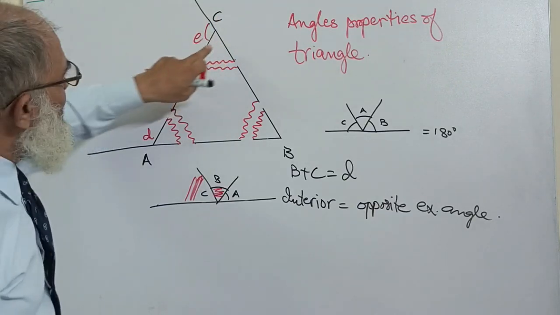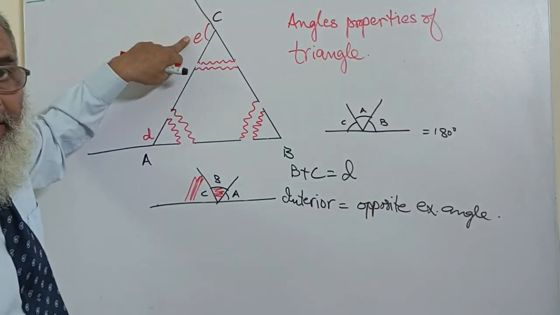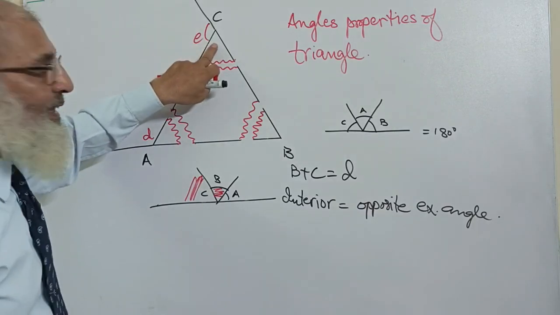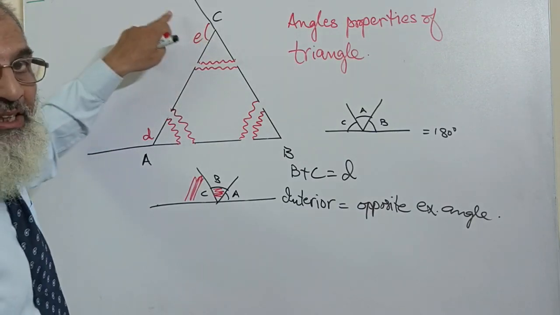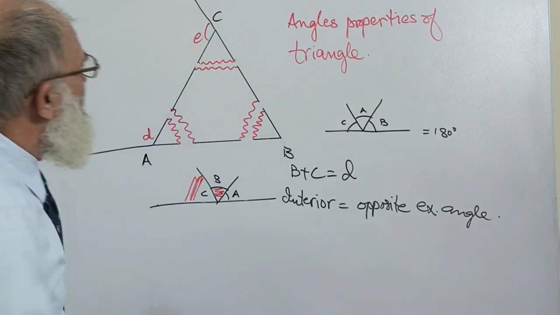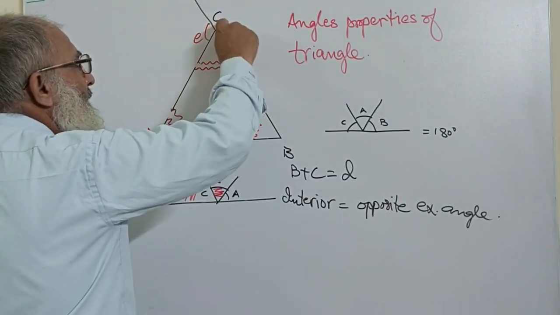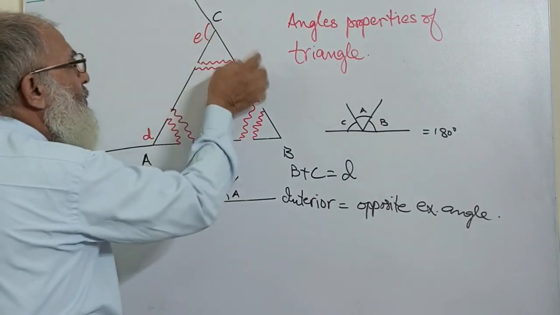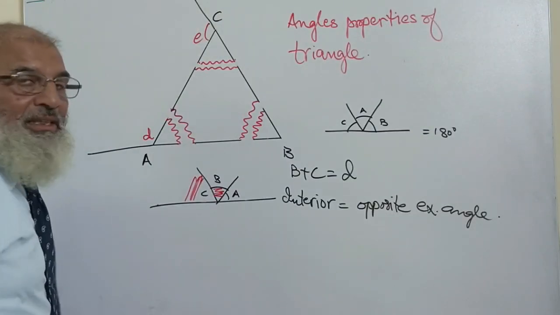C angle is supplementary to this E angle. Now this is an interior angle and this is an exterior angle. So the sum of the two, C and E angle, is 180 degrees.